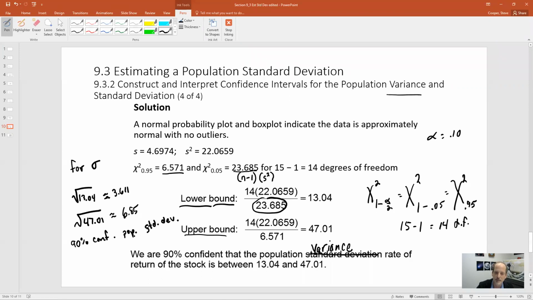You see I have very little space. 90% confident the population standard deviation rate of return of Microsoft stock is between 3.611 and 6.85.